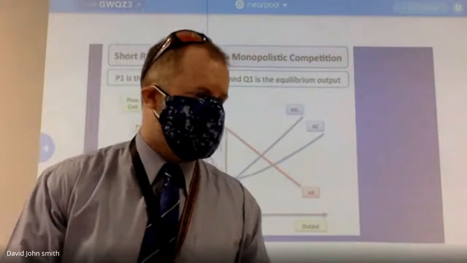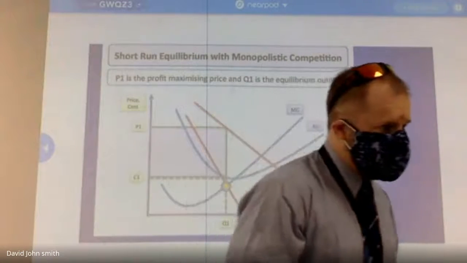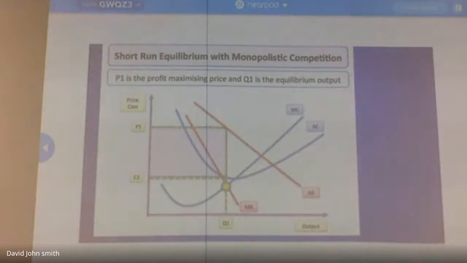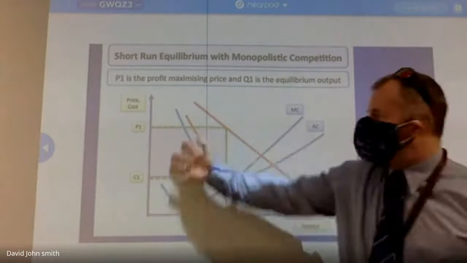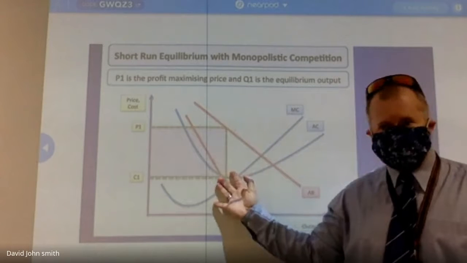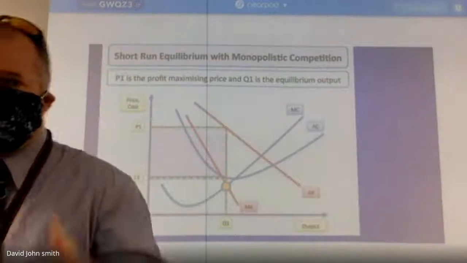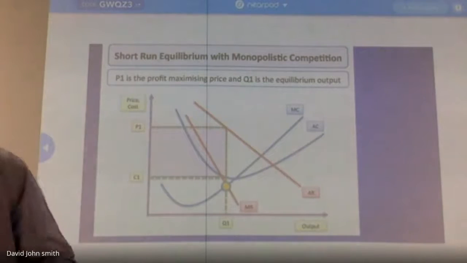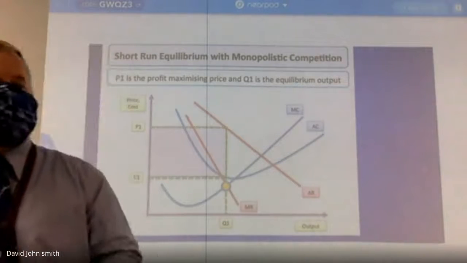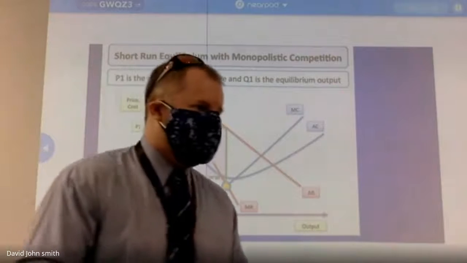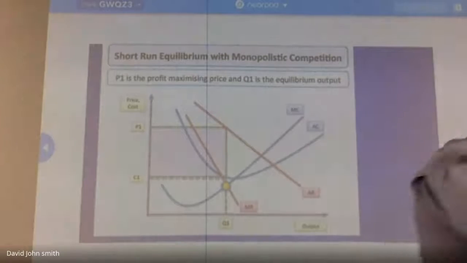Now, unfortunately, the reason why the question came up is because of the models that I use, but if you go online and look up graphs for monopolistically competitive firms, you will find some where it appears as though it's intersecting with the axis.